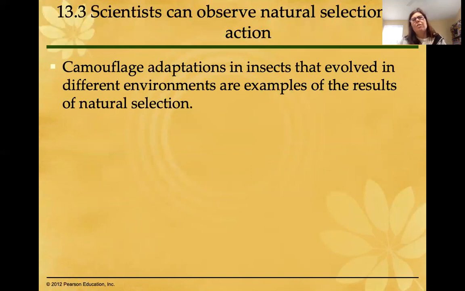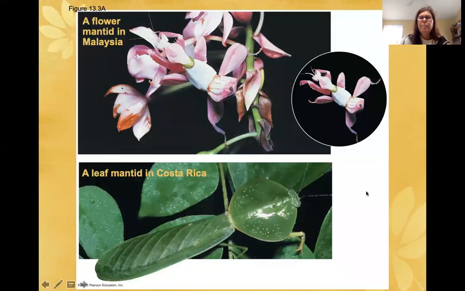Scientists can observe natural selection in action. So we always like talking about camouflage, because camouflage is an adaptation in insects, and it has evolved differently in different environments. When we look at these praying mantises, most of you should know what a praying mantis looks like around here. We have quite a few of them here in Illinois, but you can see how these two are very different. They're both species of praying mantis, but one is in Malaysia, where we have this flowering plant.